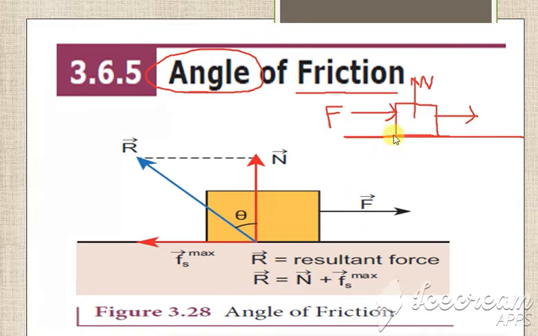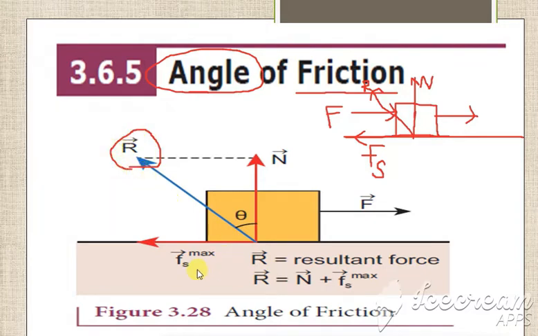Always, between the body and the surface, there is a frictional force, is it not? And that is represented as F of S because it is a static friction. In between this normal force and the static frictional force, we have another force that is called the resultant.